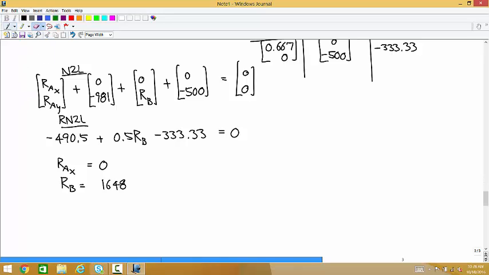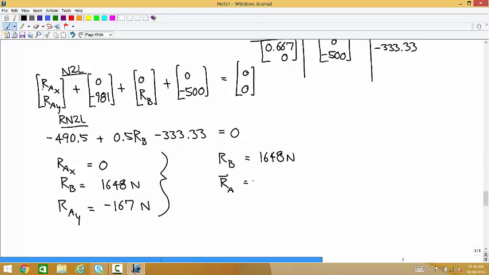And then what do you get for RAy, sorry? 167. Okay. So RB is 1648. RA is 0 horizontal, negative 167 vertical.